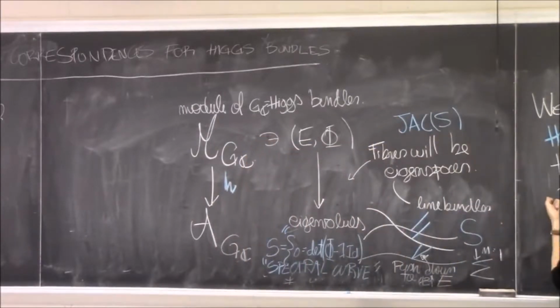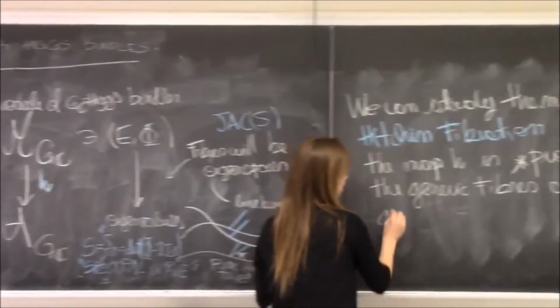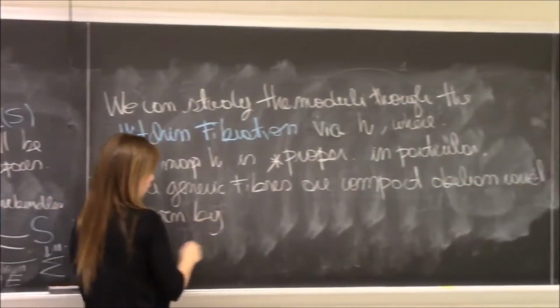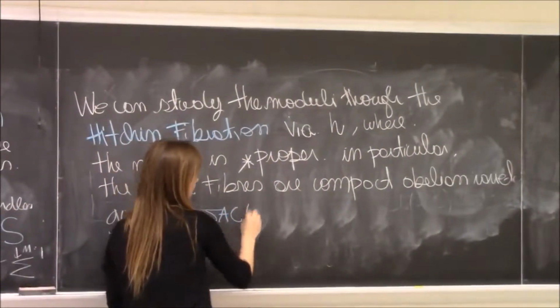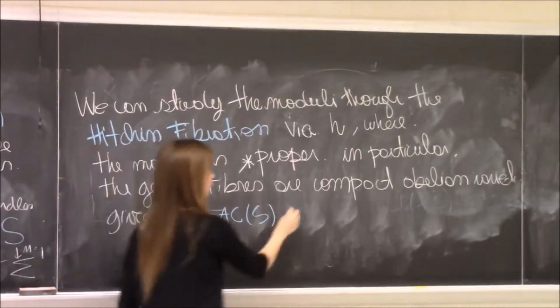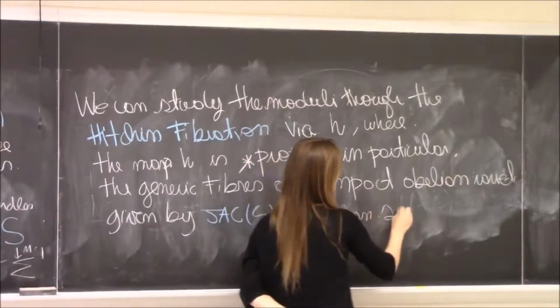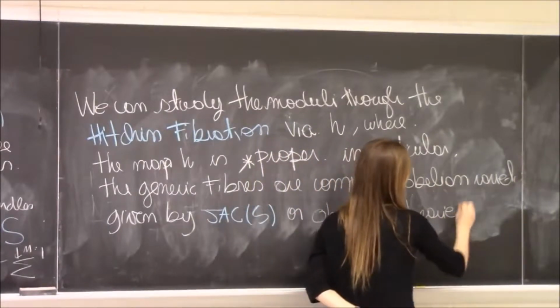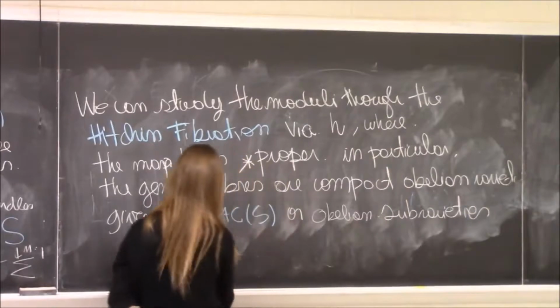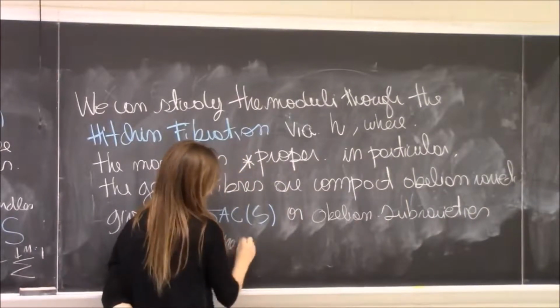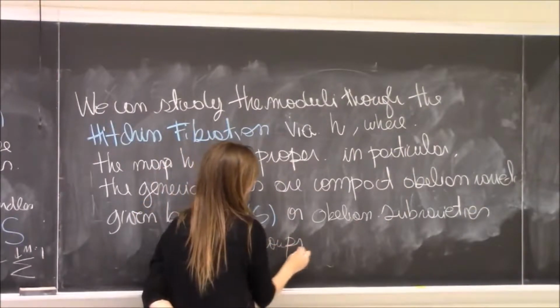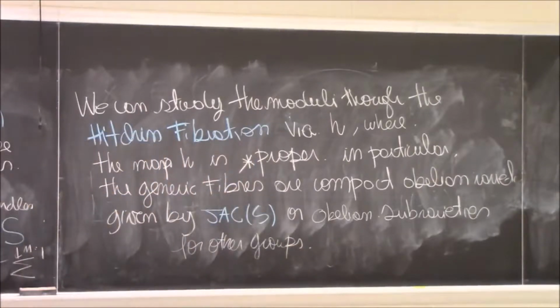So there are compact abelian varieties given by the Jacobian of S in the classical case, or abelian subvarieties for other groups. This is what we call the spectral data description of Higgs bundles, and we're going to be using it a lot. Are there any questions about this?